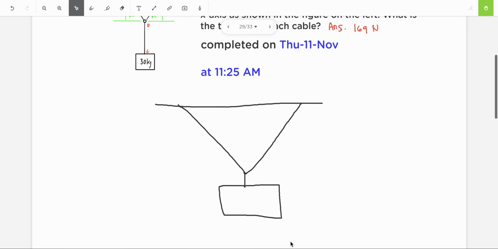Okay, and here we have a 30 kg mass as shown in the figure.